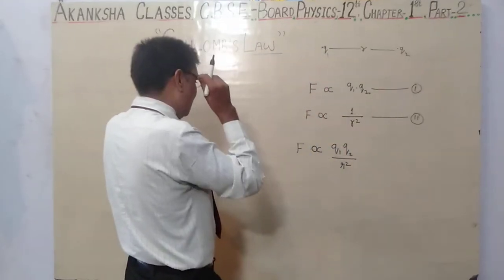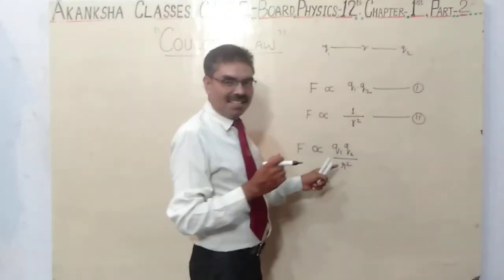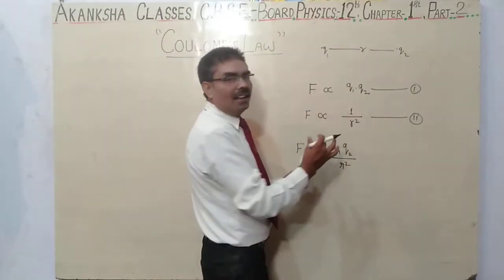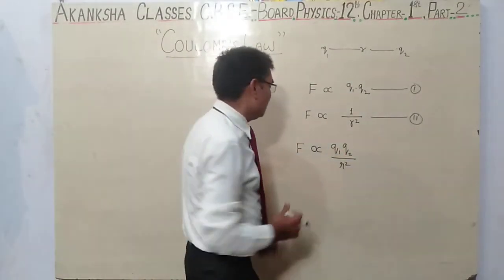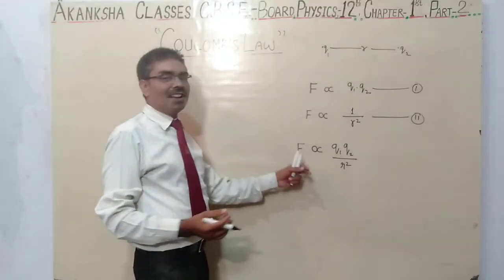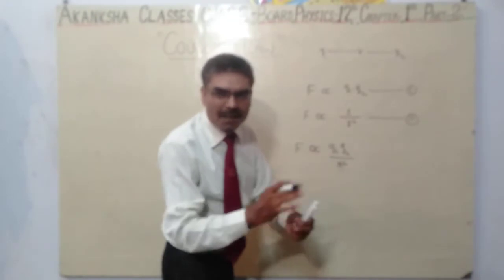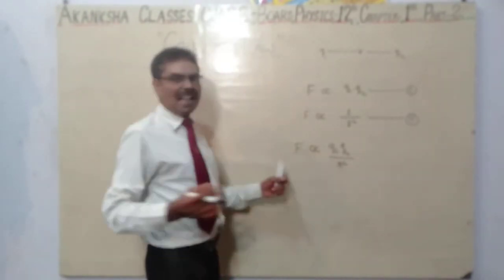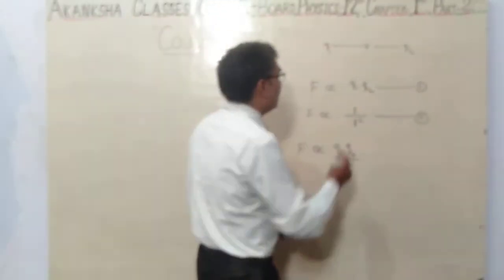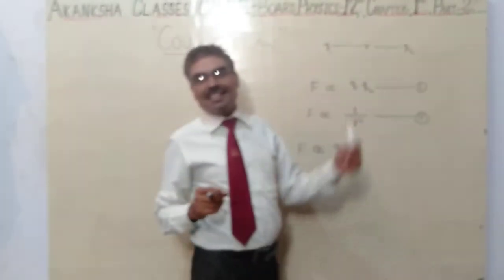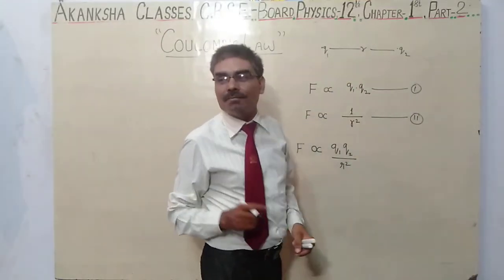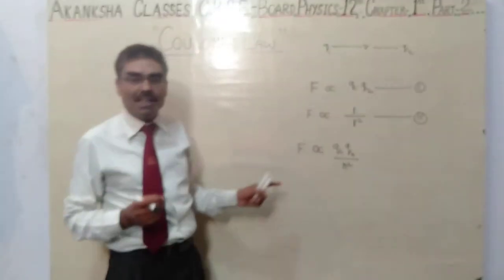This indicates that when the charges are heavier, the force also will be greater. But if the charges are smaller, the force will also be weaker. But r is a game changer. r can change the game of force between them.